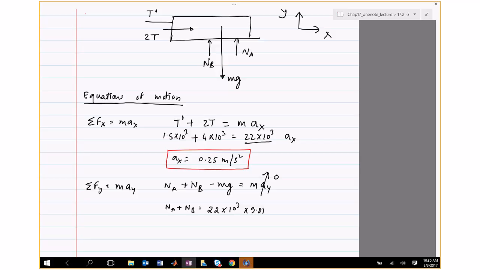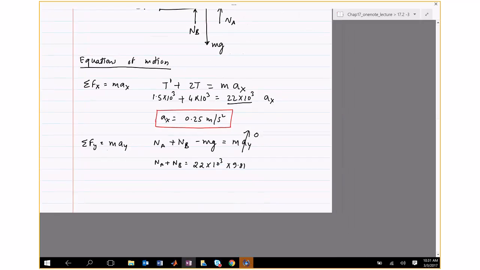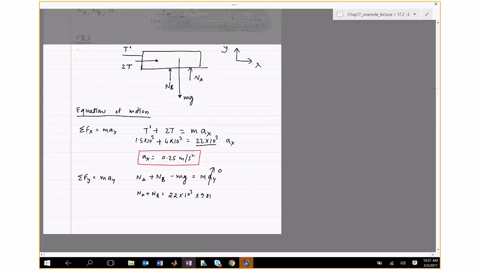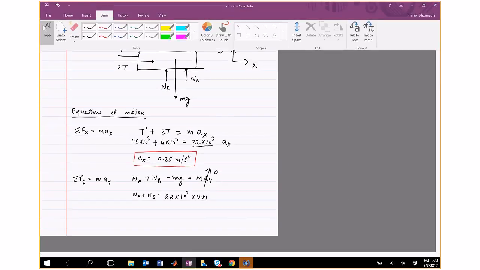Okay, so I cannot solve NA and NB using that equation because it's one equation and two unknowns. If I want to solve for two unknowns, I better have two equations. So I need another equation, and this is where the third equation comes into play. The net moment about G is equal to 0.